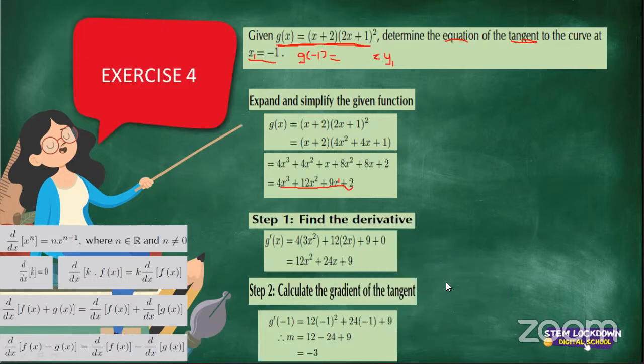So when you substitute your value of x into the derivative, you get your gradient. But if you substitute your value of x into the original function, you get the value of y.